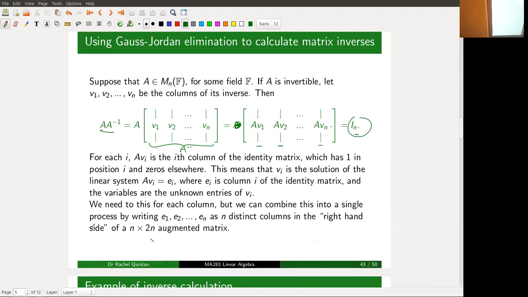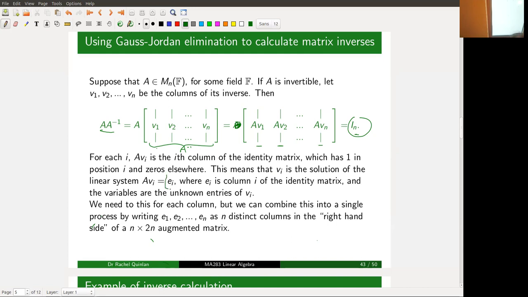So we don't know what the entries of v1, v2 are, but we know what the entries of the identity matrix are. And so in particular, that tells us that for each i, A multiplied by the ith column of A inverse, which is vi, that's a matrix-vector product, and it should be the ith column of the identity matrix, which has 1 in position i and 0s elsewhere.